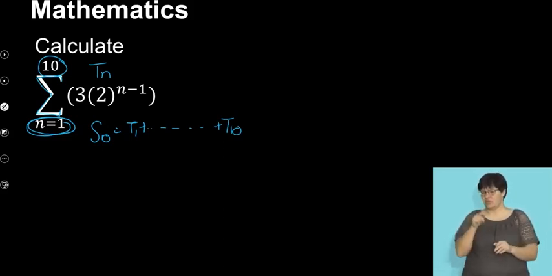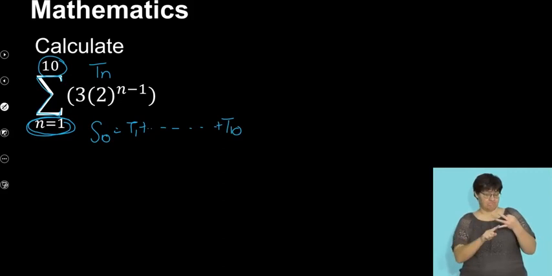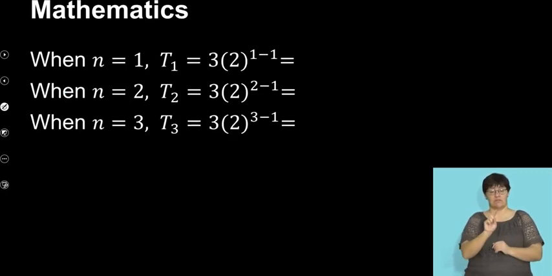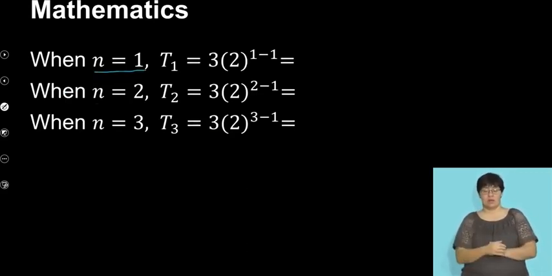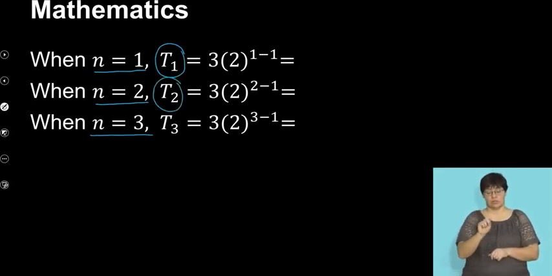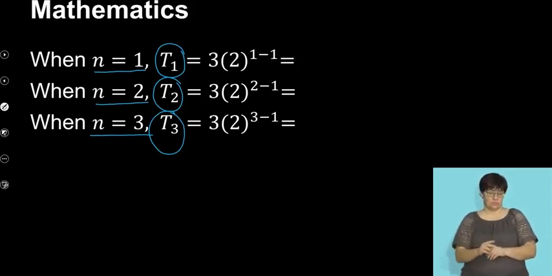But before I can actually think about substituting into any series formula, I need to determine the value of my first 3 terms. To establish these, we're going to substitute when n is equal to 1, when n is equal to 2, and when n is equal to 3. That's going to allow me to find term 1, term 2, as well as term 3. So when I substitute n is equal to 1, I'm going to have 3 times 2 to the power of 1 minus 1. That is just going to leave me with 3.